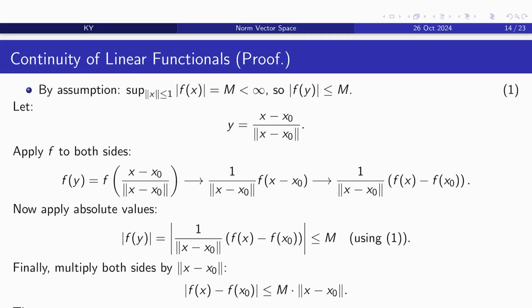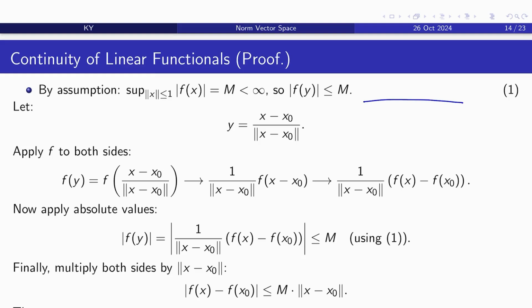We can now use our assumption, because our assumption says that the supremum of f of x is less than infinity. So we can basically say that some specific vector that is not the least upper bound is less than or equal to m.